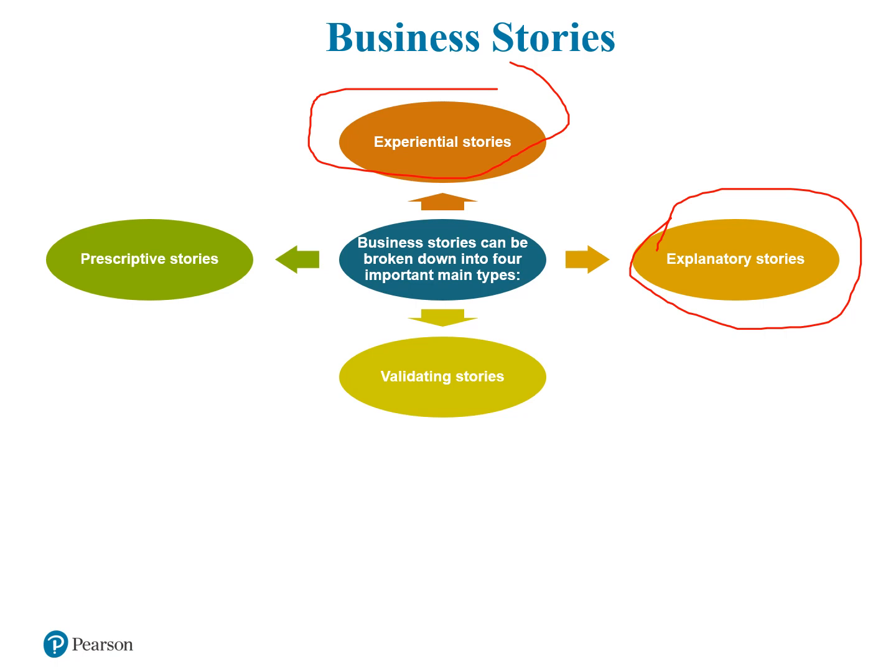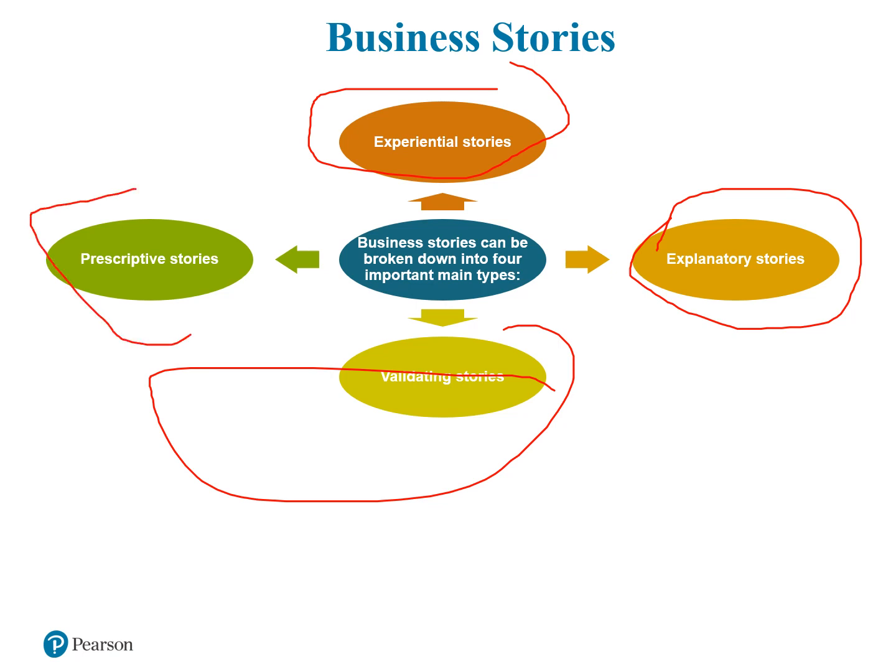The third one is the validation story, which tries to convince the listener that the organization made the correct decision. And the last one is the prescriptive story.